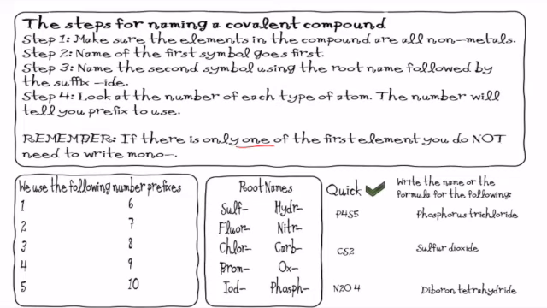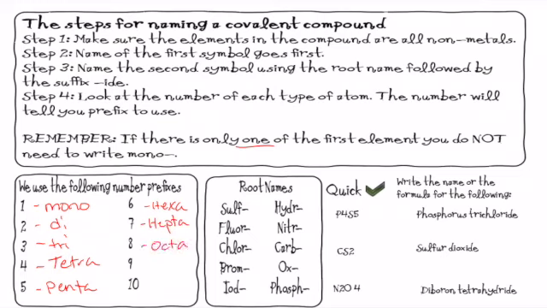So the prefixes that we need to know: 1 is mono, 2 is di, 3 is tri, 4 is tetra, 5 is penta, 6 is hexa, 7 is hepta, 8 is octa, 9 is nona, and 10 is deca.